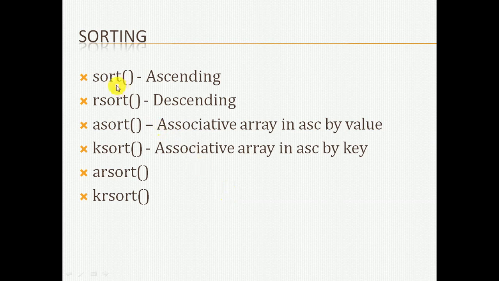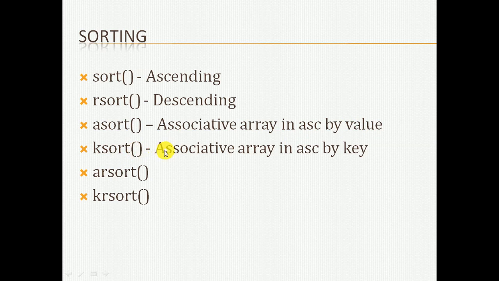The first function is sort, which sorts the array based on the values in ascending order. Rsort sorts the values in the array in descending order. The next function is asort, which sorts the associative array in ascending order by value.